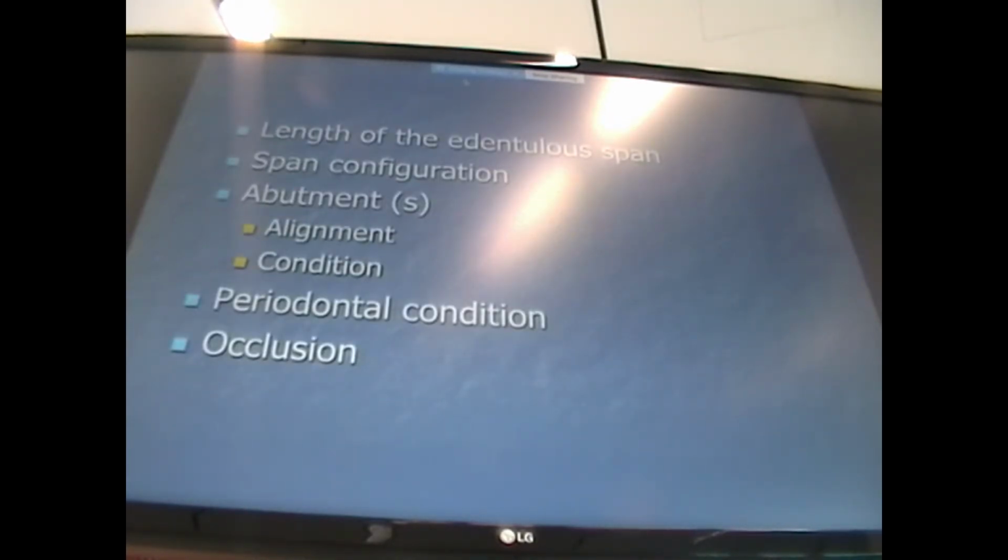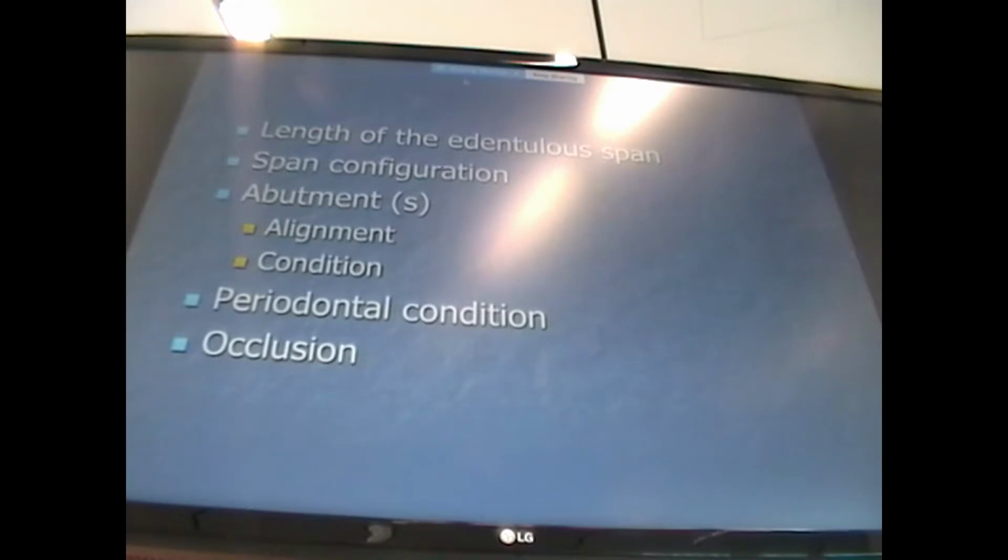When we talk about the edentulous span, we have to discuss how long is the edentulous span? What is the configuration? Are you turning a corner? What about the abutments? Are they aligned together? Are they parallel to one another, or is one tipped? What is their condition? Are they root canal treated teeth with post and cores and crowns, which don't make a good abutment?